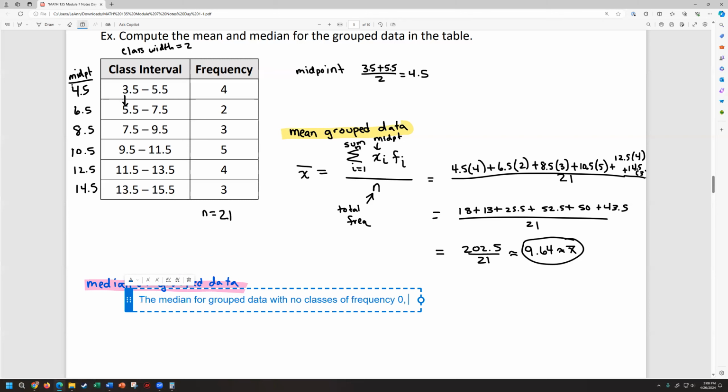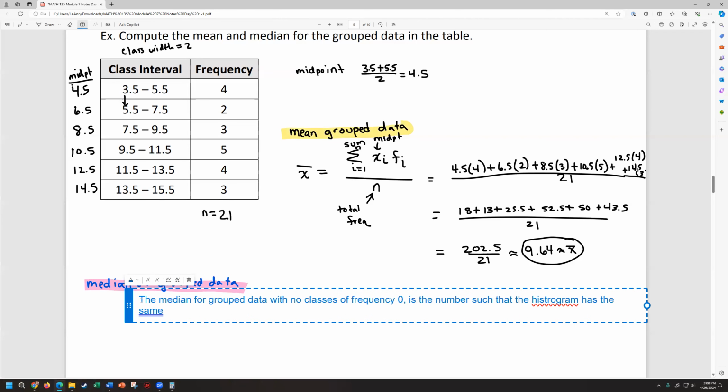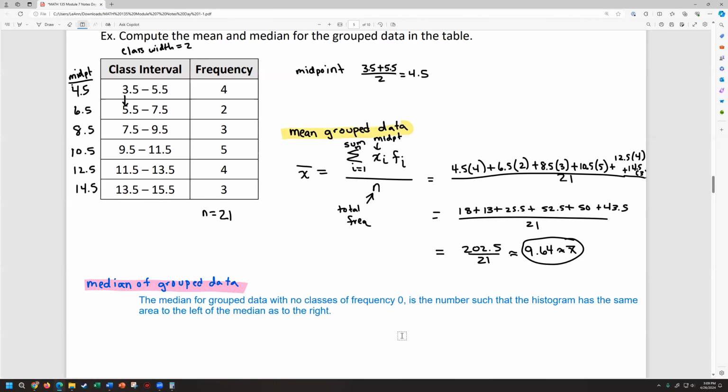Otherwise, this would be a little tricky to do this way. Is the number such that the histogram has the same area to the left of the median as to the right? Okay, so what does that mean?